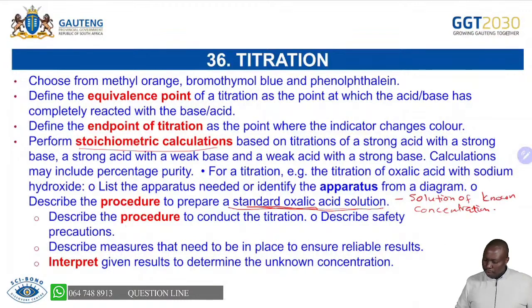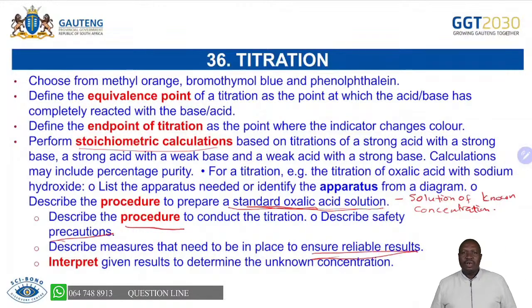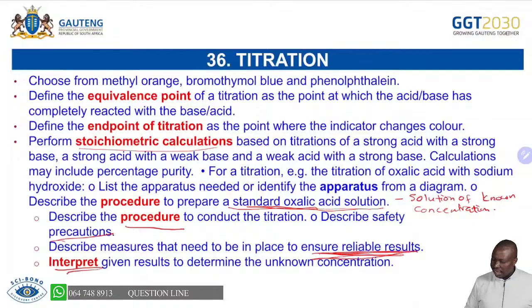And you must know the procedure of how titration is done, the precautions, and describe the measures that need to be taken to ensure reliable results. Remember, when you're doing an experiment, we expect you to limit errors so that your results are reliable. And then you must be able to interpret the results and determine the unknown.